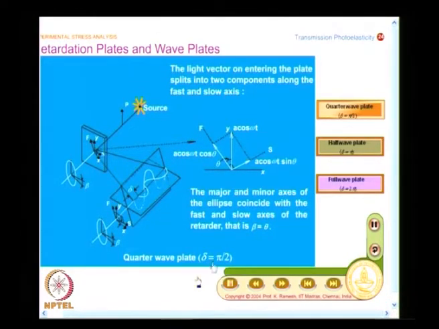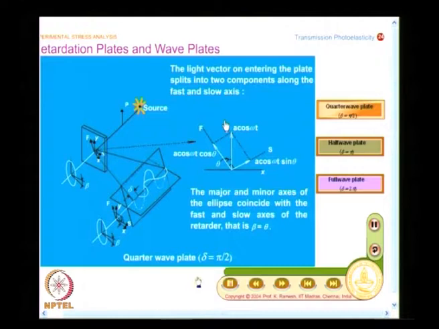And the advantage is that when delta equals pi by 2, we have already seen from the various states of polarization that the major and minor axis of the ellipse coincide with the reference axis. Here it is labeled as fast and slow axis, and essentially the azimuth of the ellipse is 0 if I have this axis as horizontal.